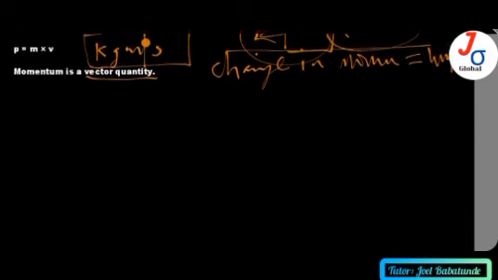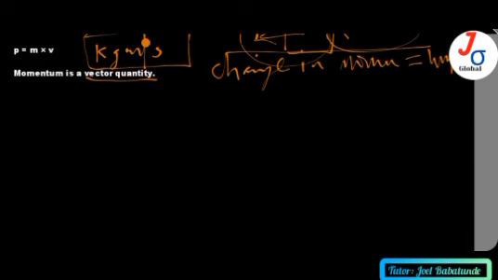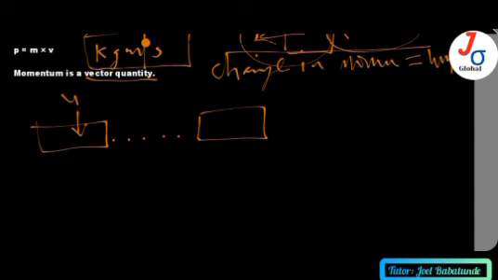All right, let me just help you with that. What that means is that when an object changes position, let's say the body is at U initially, at rest, then it moves with a particular speed V. Remember, the mass is still the same. So what's the change in momentum?